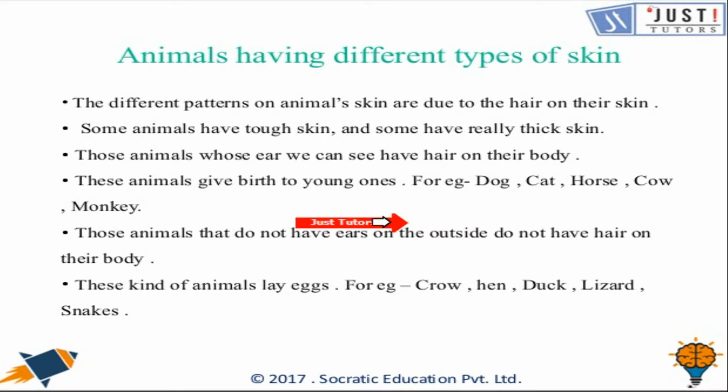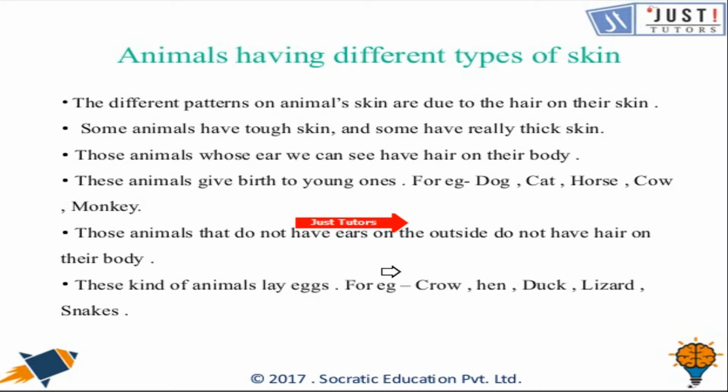Those animals that have ears outside and have hair on their body usually give birth to young ones. For example, a dog has hair on its skin and its ear is outside, so it gives birth to young ones.